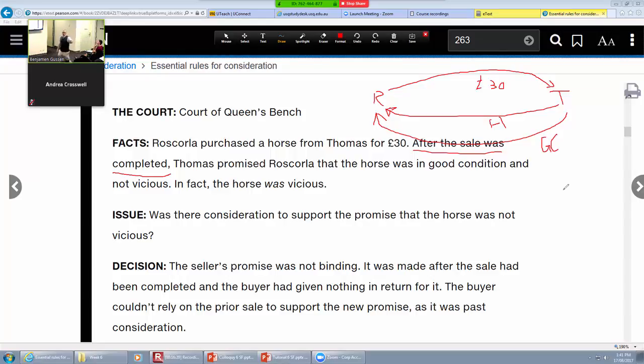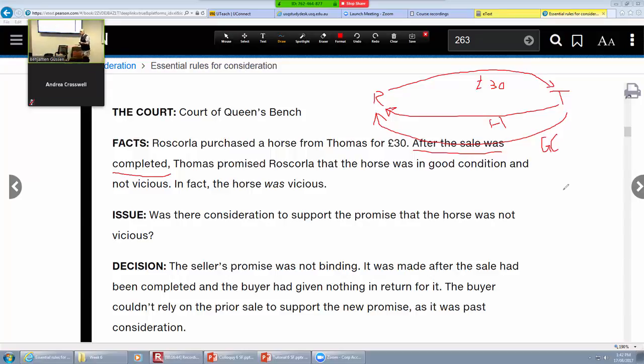What can you change? Maybe the promise that the horse is in good condition and not vicious actually comes before the horse. Okay. So if before you paid those 30 pounds, you asked for two promises, that you have the horse and that the horse is in good condition, and for both promises I'm going to pay you 30 pounds, that's fine.